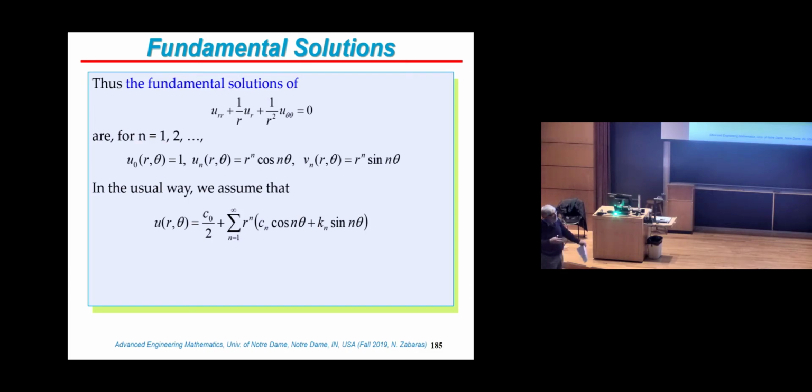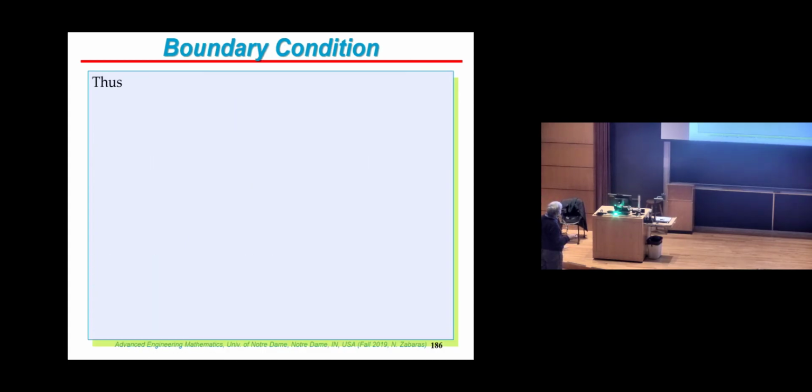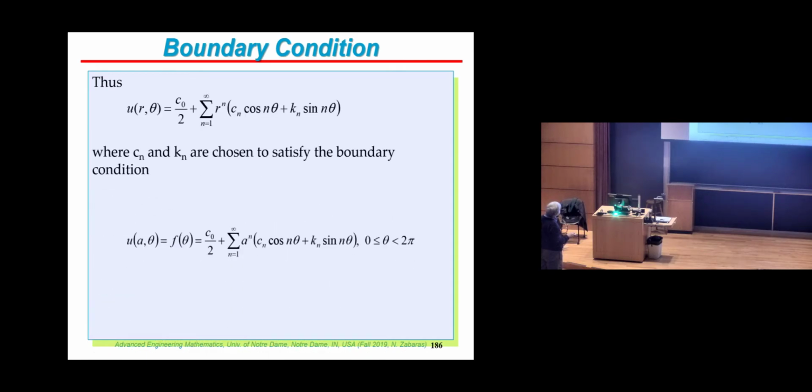Remember, we said it's finite, it doesn't explode, it's periodic, we applied that. But did we apply the boundary condition that on the boundary, the solution is f of theta? Don't forget that, okay? So now we have to apply that at r equal to the radius, whatever that was. There it is. The solution has to be f of theta.